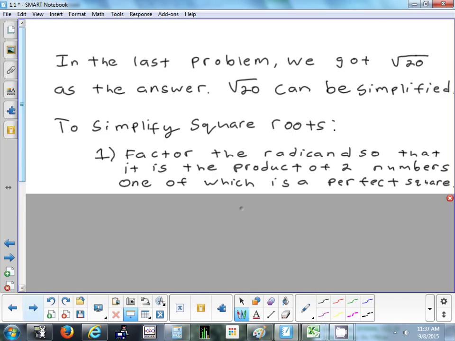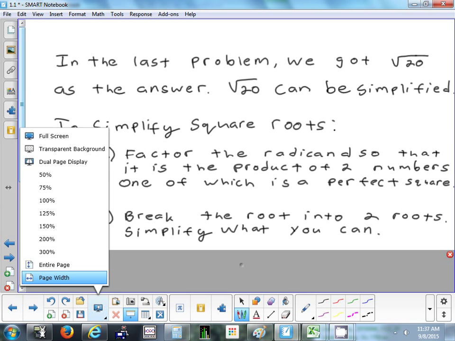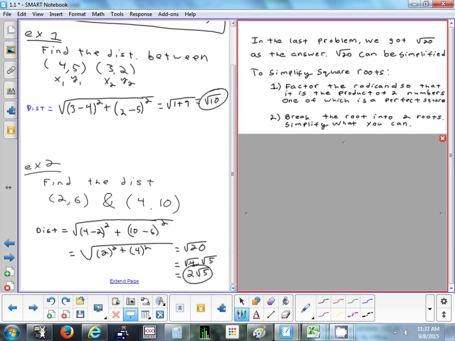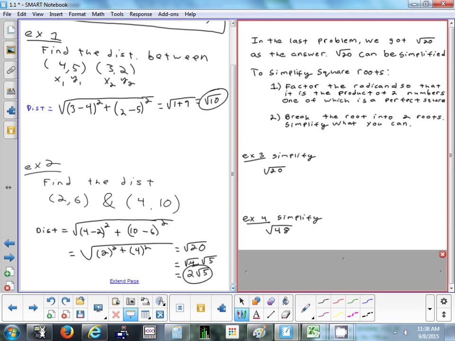Your perfect squares are numbers like 4, 9, 16, 25, things like that. And then you break it into 2 roots, just like I did. Square root of 4, square root of 5, and then simplify the one you can. Square root of 4 is 2. So we already simplified the square root of 20.